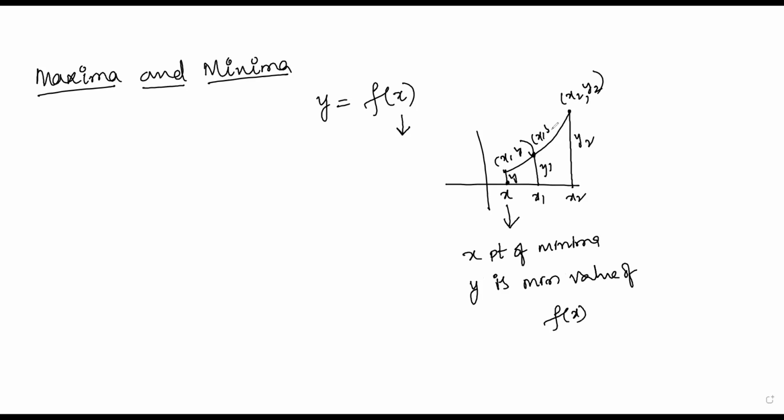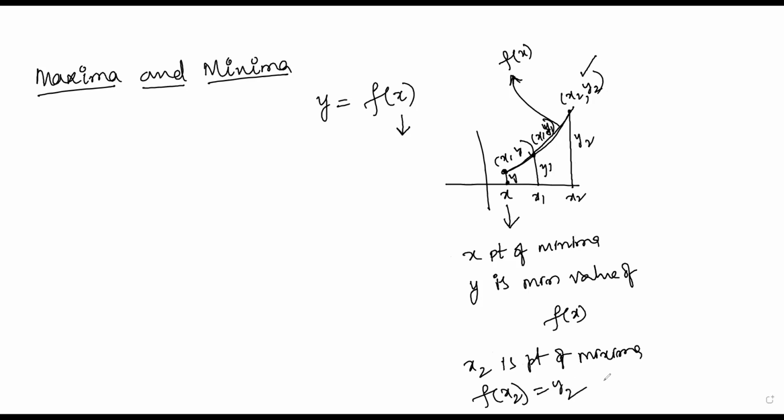Let's say this function I have drawn is f of x. And what is x2 here? X2 is the point of maximum. When you substitute x2, because this is the point of maxima, you get some y2 value.